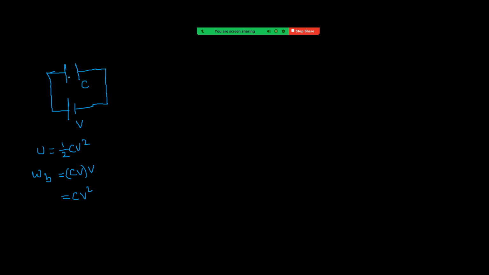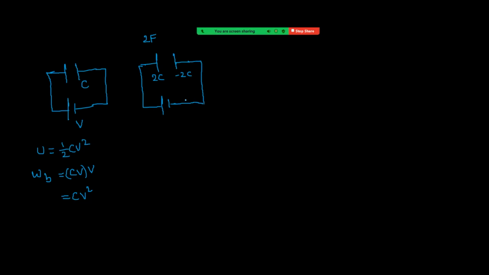Let us see now if it is initially charged. For example, let us consider a capacitor of capacitance, let us say, 2 farad, initially having a charge plus 2 coulomb, and this is minus 2 coulomb. Now connecting to a battery. Suppose we are connecting the positive plate to high potential, negative plate to low potential.